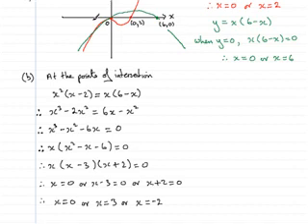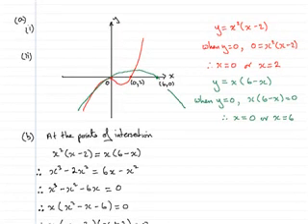But what we're missing is the y coordinates, so we need to find them. So how do we do that? Well, we can substitute x equals 0, 3 and minus 2 into one of the two equations for the graph. So we've got a choice of two, haven't we? We've got y equals this one or y equals this one.